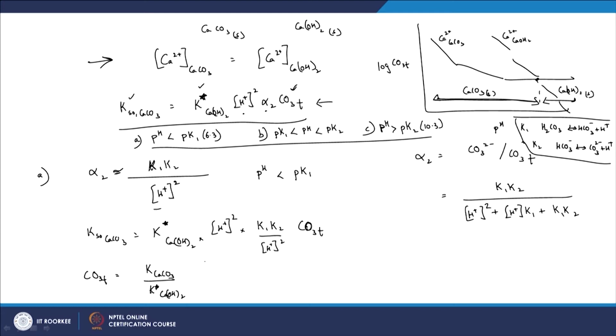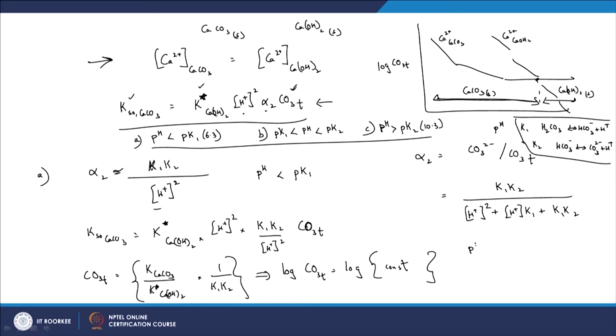So I am still going to have 1 by K1 K2. So what does that more or less turn out to be? If I take log, log CO3 total would be equal to log of this particular set of variables, and as you see this is a constant. So what does that mean?